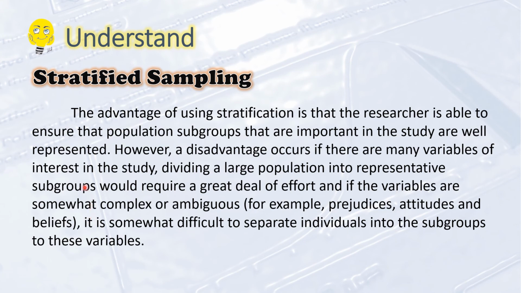Dividing a large population into representative subgroups would require a great deal of effort, and if the variables are somewhat complex or ambiguous, say for example prejudices, attitudes, and beliefs, it is somewhat difficult to separate individuals into the subgroups according to these variables.